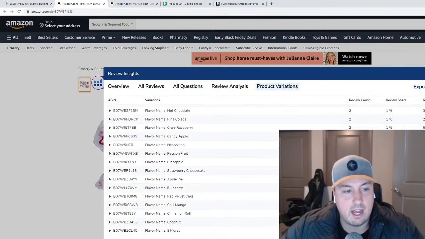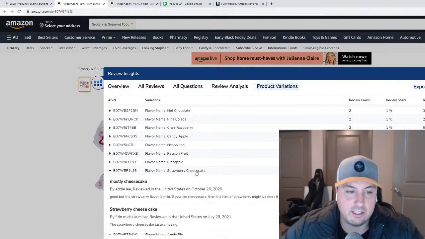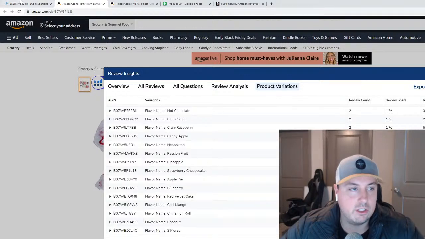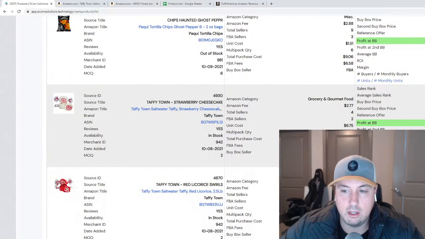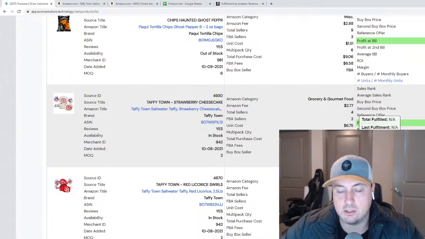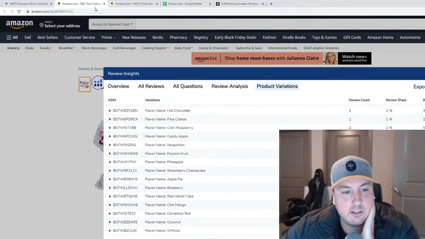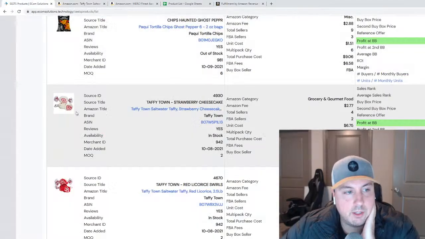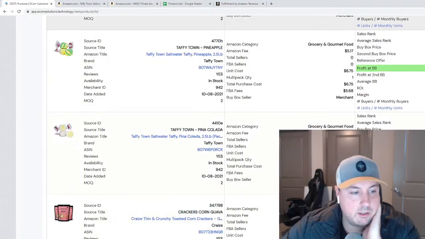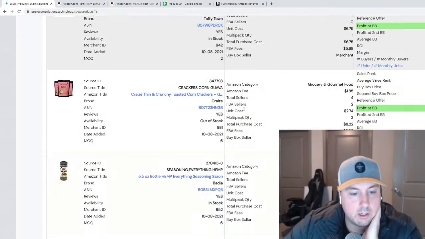I mean, that's scary. That person ordered that much supply of it, because it's only going to sell a few times a month, max. And there's already some FBA sellers in there. So this is one that you definitely would not want to order.